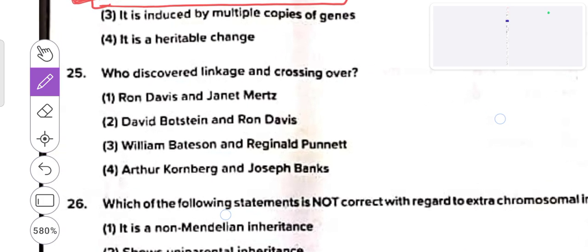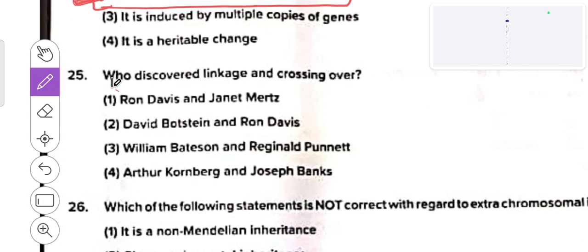Then 25: who discovered linkage and crossing over? This was done by two scientists, Reginald Punnett and Bateson.